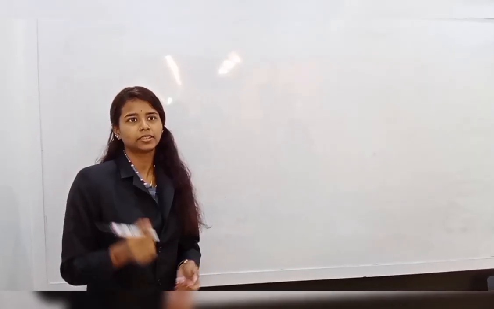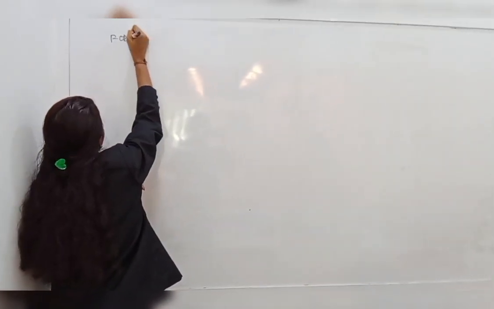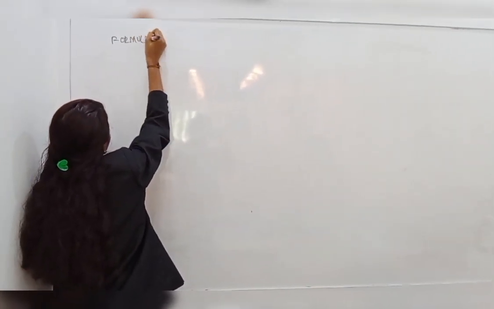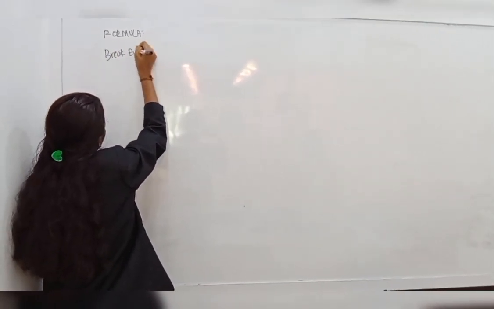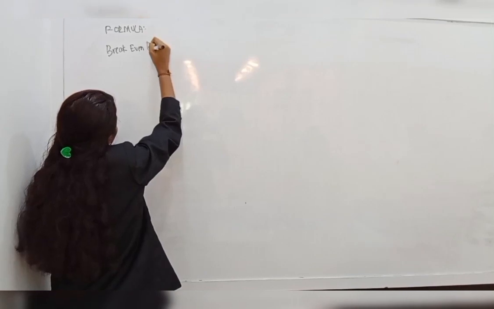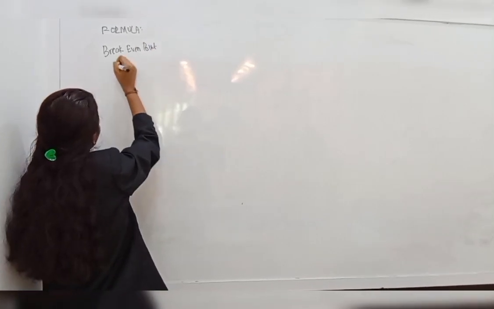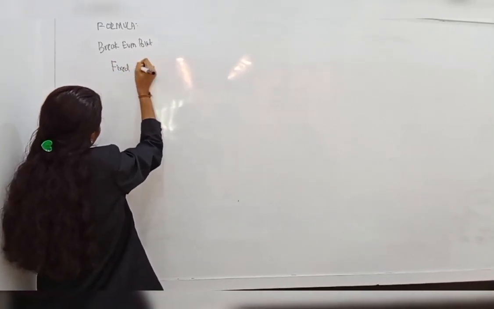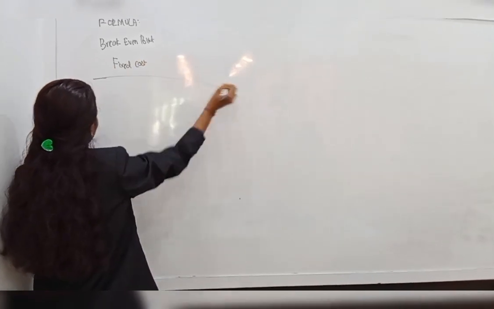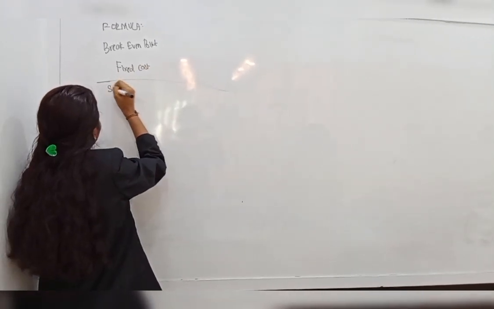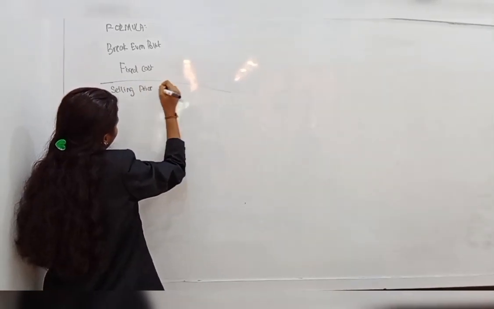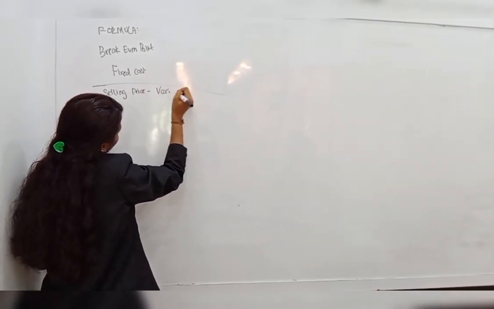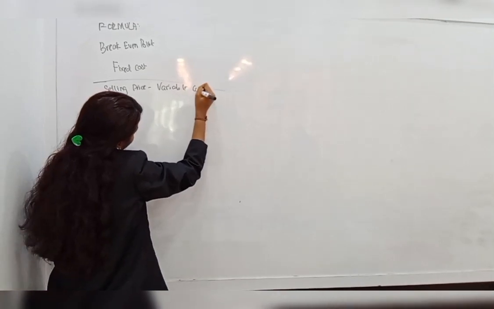Second subtopic is break-even analysis. So the formula for break-even point, which is fixed cost divided by selling price minus variable cost.